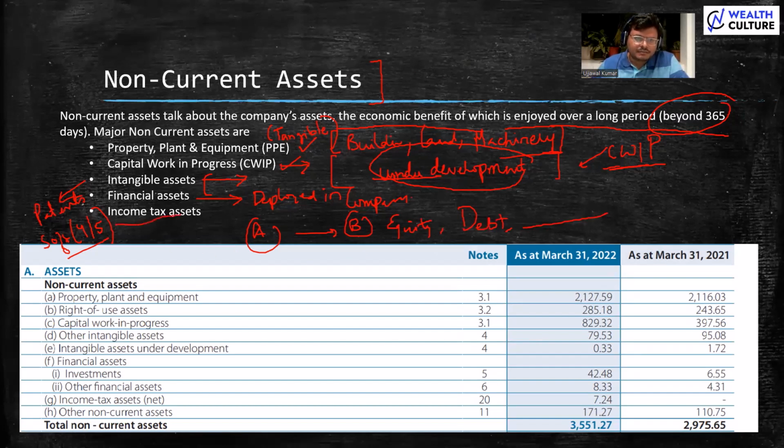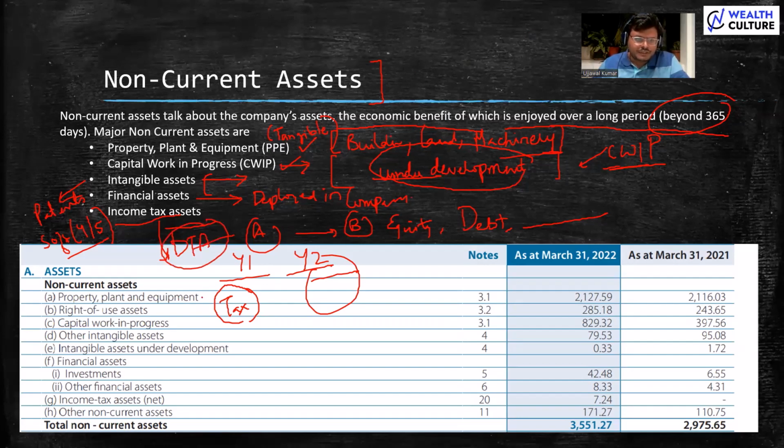Then you have income tax assets, which is basically, you know, year one you made a higher tax payment. So now that you made a higher tax payment, this can be used in the next year to reduce your tax payment, and so that becomes an asset for you because this means that next year you will have to pay less. So these are deferred tax assets in most cases, called DTA.